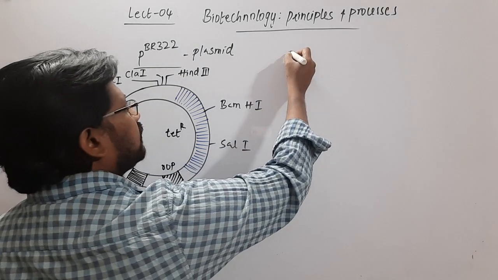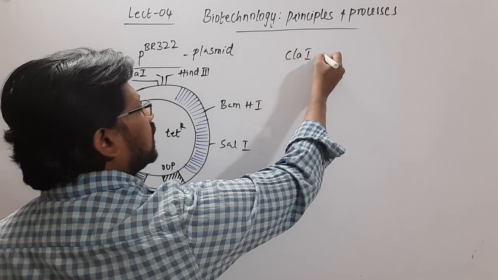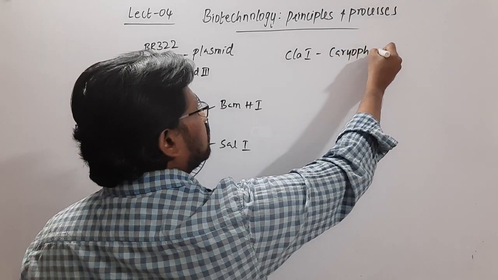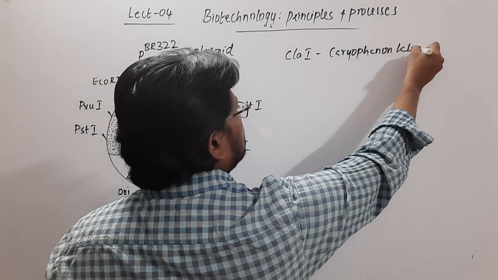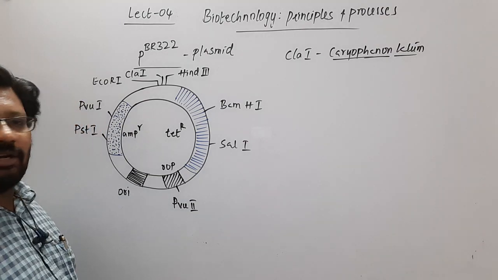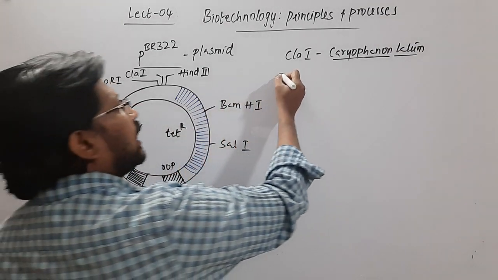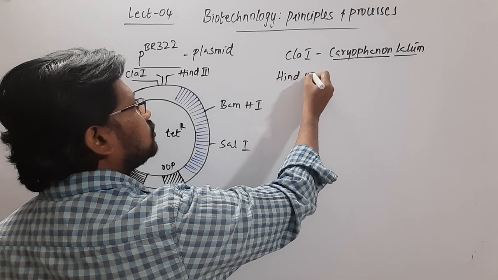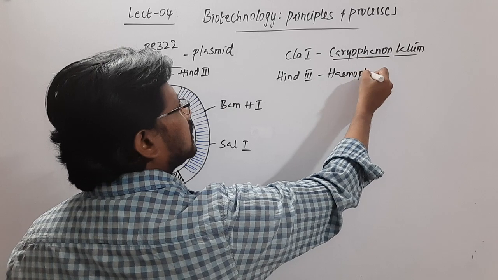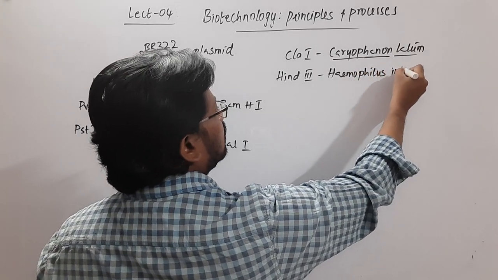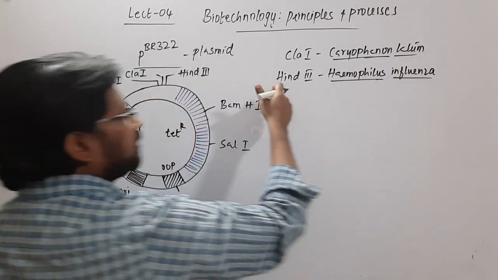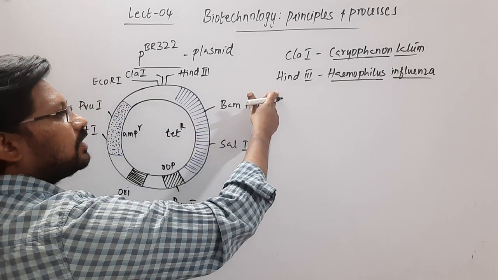For example, this ClaI is obtained from a bacterium called Caryophanon latum. HindIII we have obtained from Haemophilus influenzae, the bacterium from which we have obtained this restriction endonuclease.